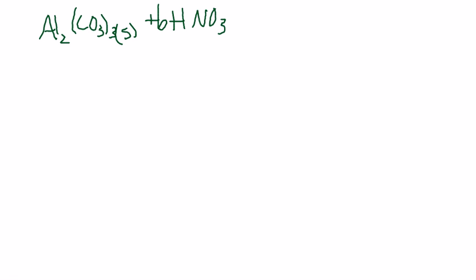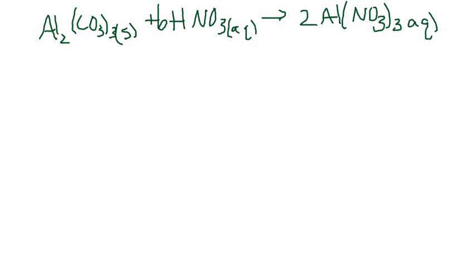HNO3, and that's aqueous, yields 2 aluminum nitrates, and that's aqueous, plus water, liquid, and finally carbon dioxide, and that's a gas.